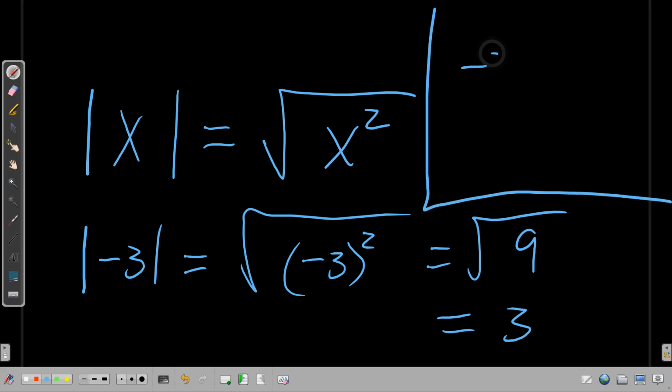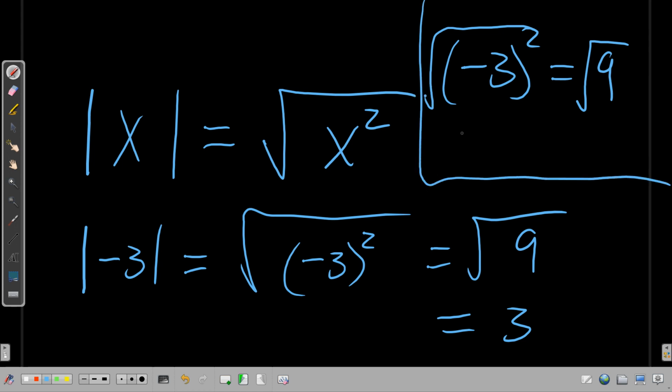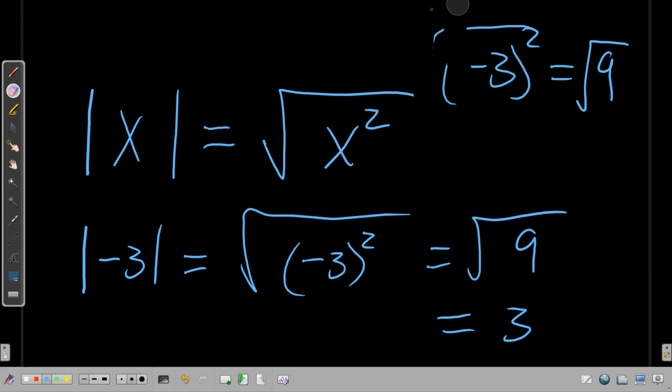You know, the thing that's true is that minus 3 squared, that's 9. But if I turn around and take this square root, you don't get negative 3 on both sides. You can only get the one number. We want it to be a well-defined function, so you just get the one number.